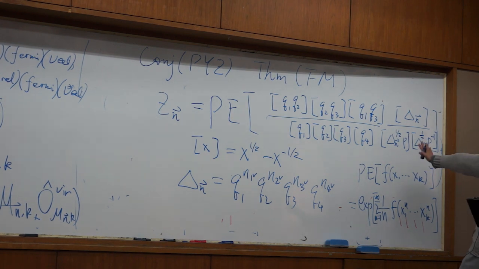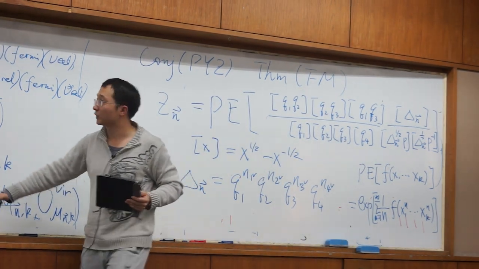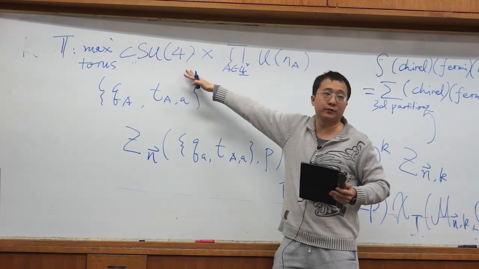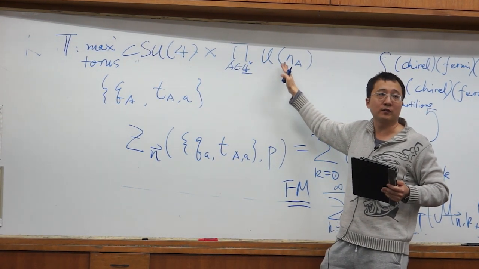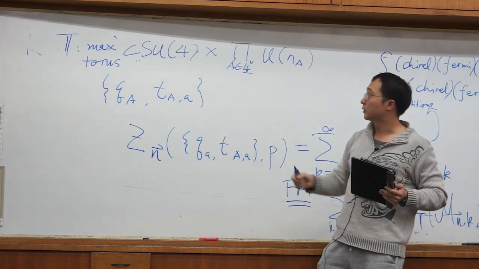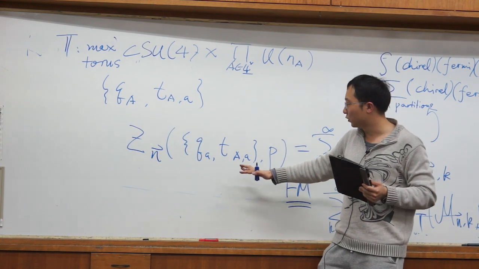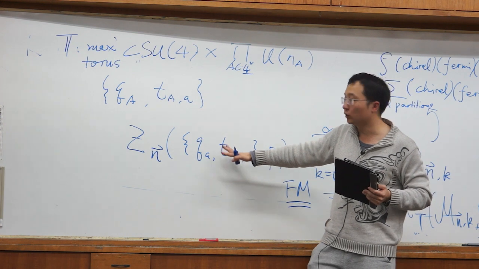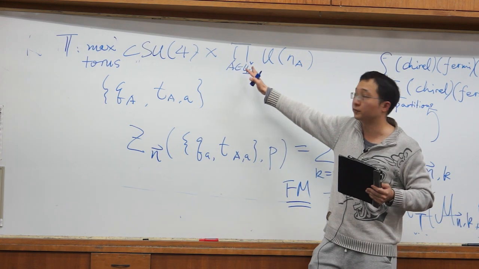The interesting thing about this final partition function is that although I'm computing the equivariant Euler characteristic with respect to the maximal torus of the whole SU(4) and this U(N), I have 4 U(N)s here coming from 4 framing nodes. So in principle, there's no way to expect that the final result is independent of the equivariant parameters for the framing nodes.